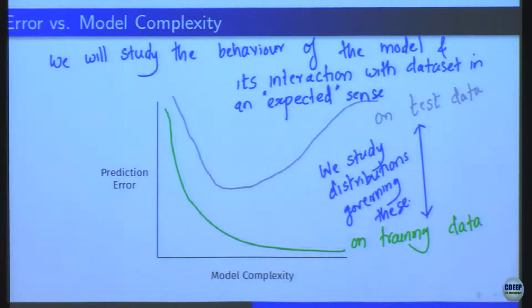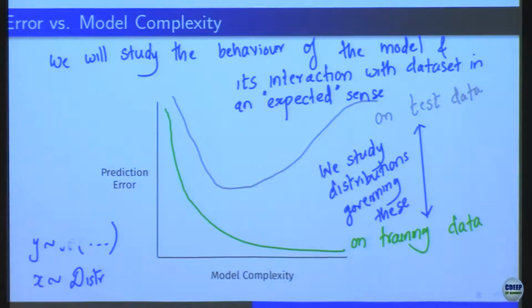So what are the distributions we talk about? We have talked about y, and we said y is some normal distribution. That was one way we looked at distribution. We could also have x coming from some distribution. X itself could be from a distribution.